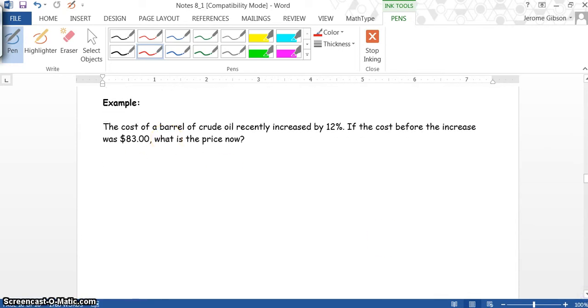Now we come to our next example. The cost of a barrel of crude oil recently increased by 12%. If the cost before the increase was $83, what is the price now? So what we could do is basically the same formula we did for the discount. We could take the original price of $83 and multiply it by the 12%, which is 0.12.